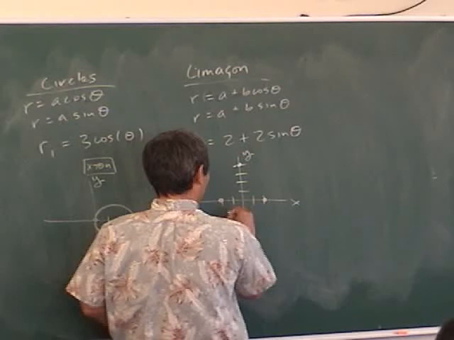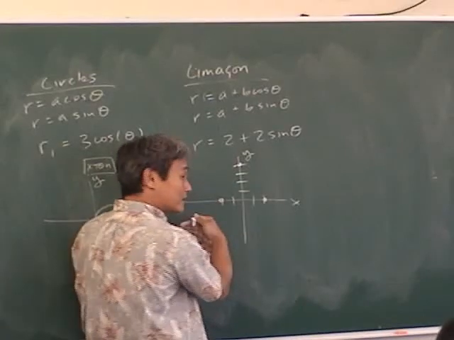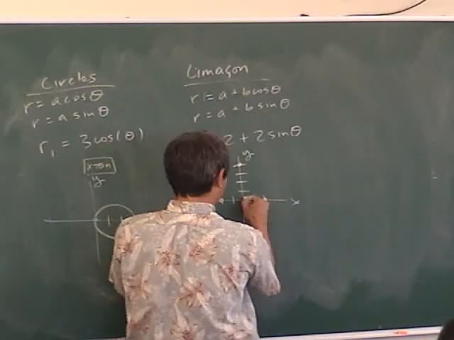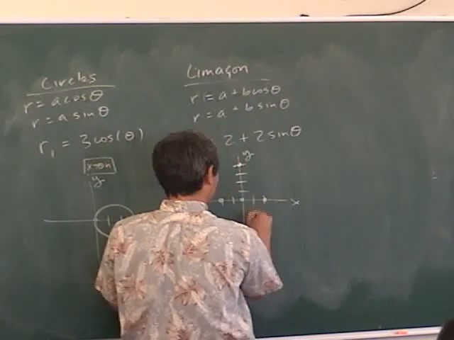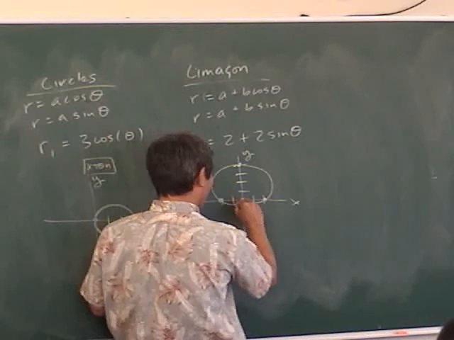Remember, you have to go in the direction of that angle, graphing polar coordinates. So at pi, you go 2 units in that direction. So you can see the butt is blowing south. It's facing south.